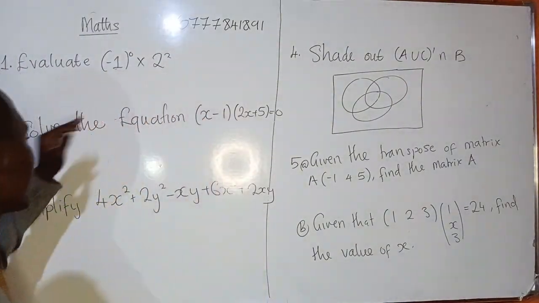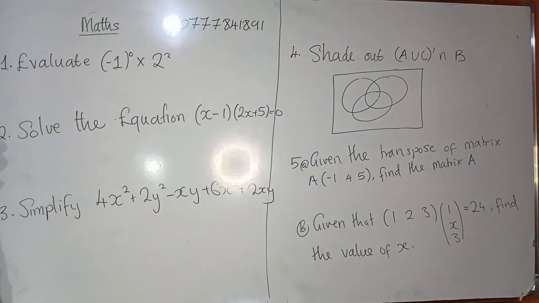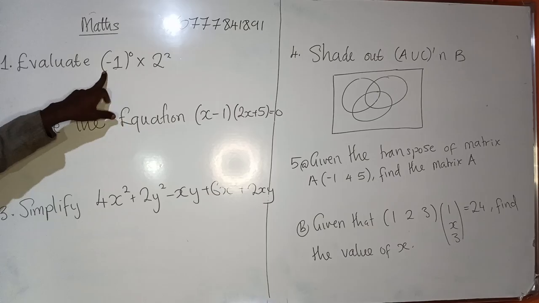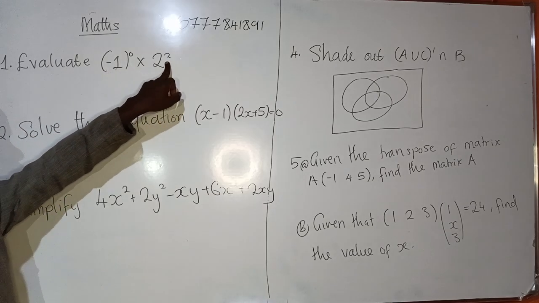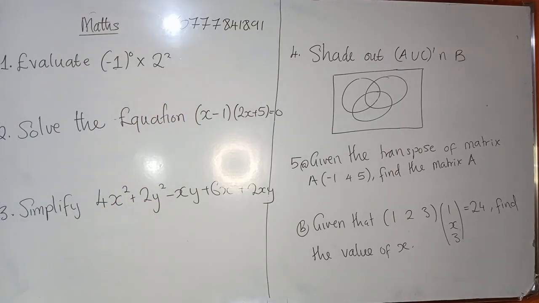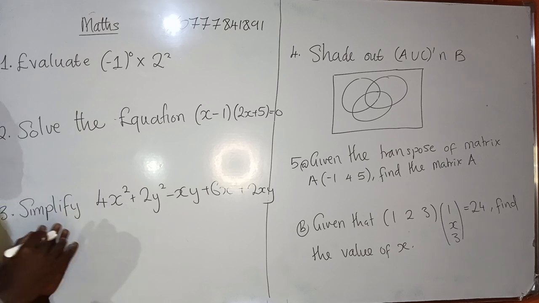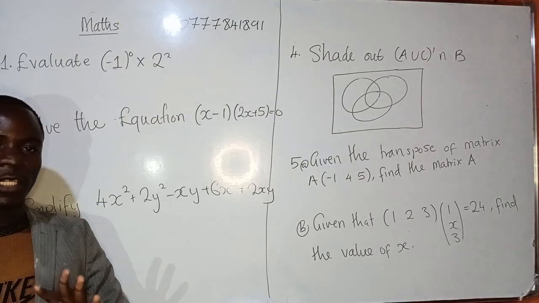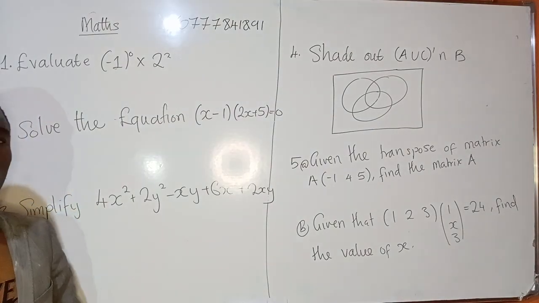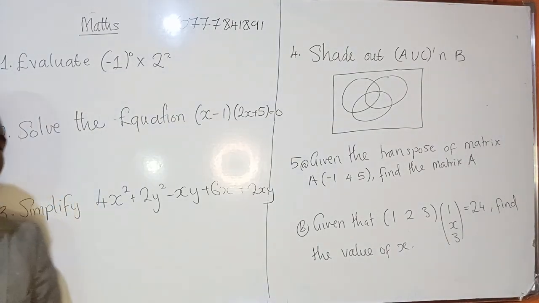Okay, so now according to the five questions that we have, we really need to understand these questions. The first question says evaluate negative 1 to the power 0 times 2 to the power 2. We must understand that as long as you are given something to the power 0, any number or letter or fraction to the power 0 is given the value 1.